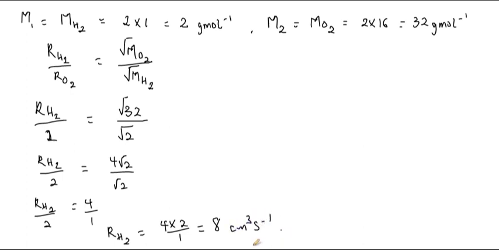Now we've gotten the rate of diffusion of hydrogen gas. That doesn't mean we've come to the end of the question yet, because the question says we should calculate the time taken for hydrogen gas to diffuse.